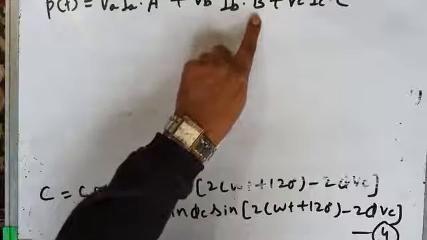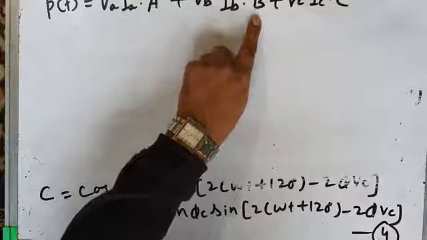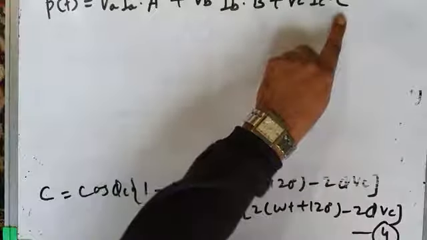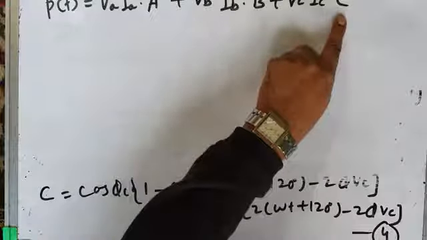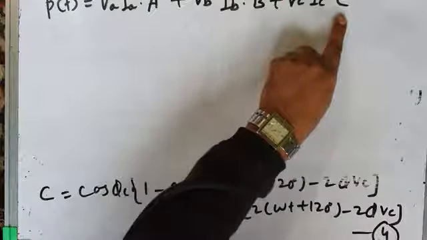Similarly, B is 2 sine of omega t minus phi VB minus 120 degrees into sine of omega t minus 120 degrees minus phi IB. And C is 2 sine of omega t plus 120 degrees minus phi VC into sine of omega t plus 120 degrees minus phi IC.